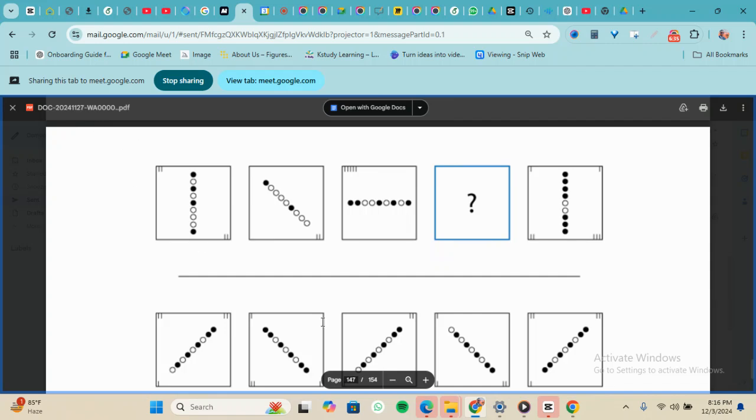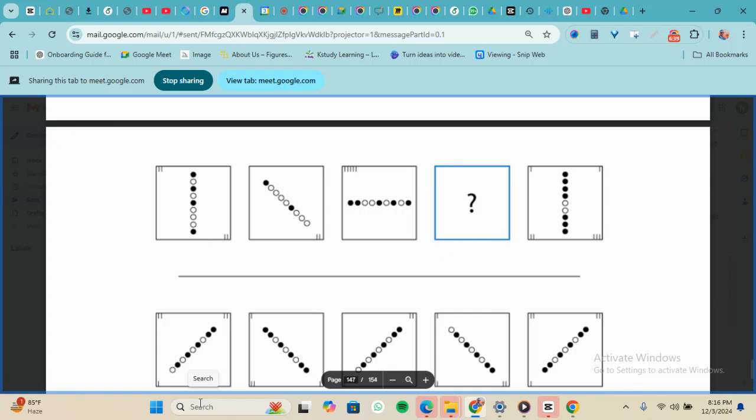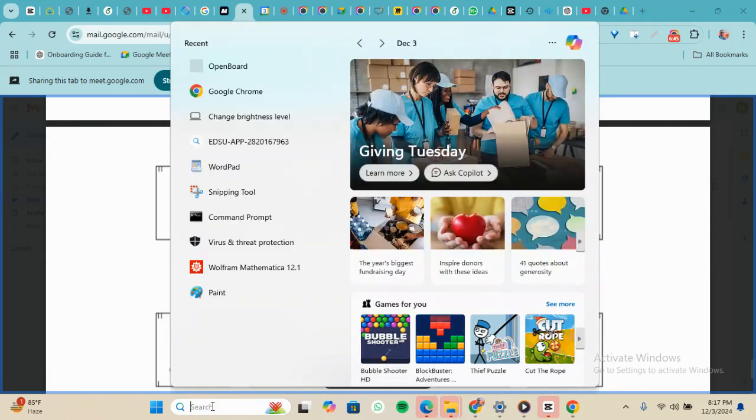Okay, let me just open the whiteboard then. I didn't have the whiteboard open, then I should be able to use the cursor. Let me try to open it up. Open now.